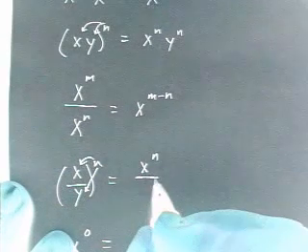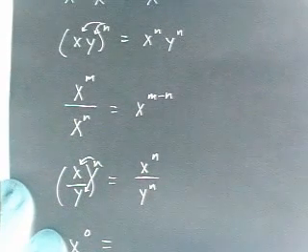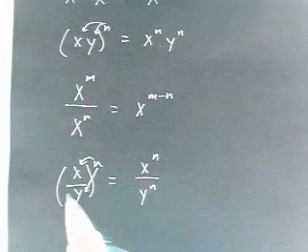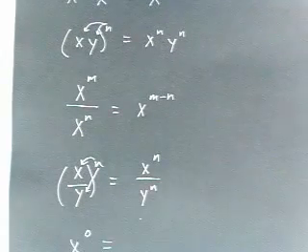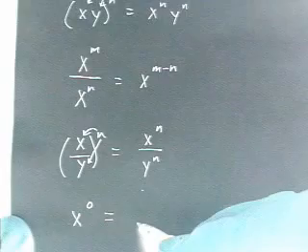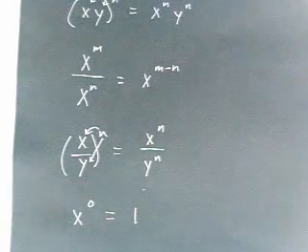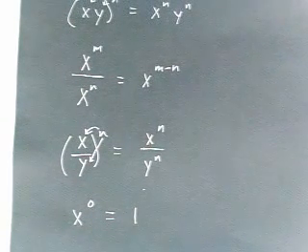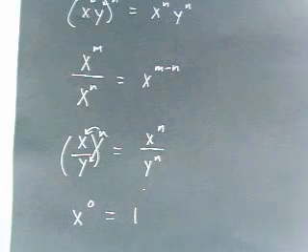So that makes x to the n over y to the n. In this case, because the x and the y both have an exponent of 1 to begin with. X to the 0 is 1. For those of you who said 0 at home, thank you for playing, but no.